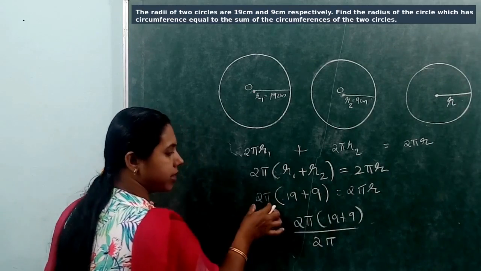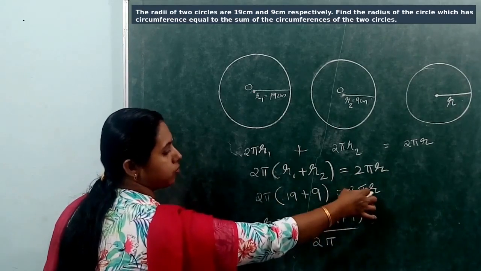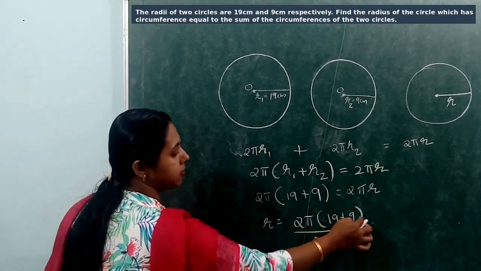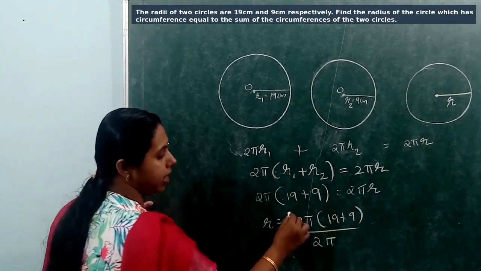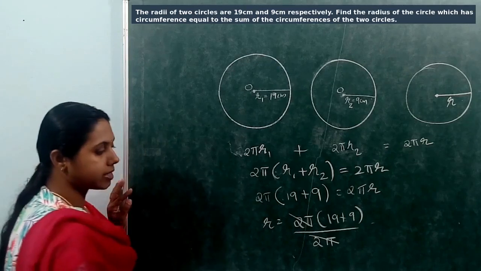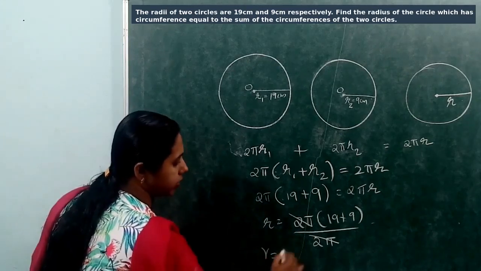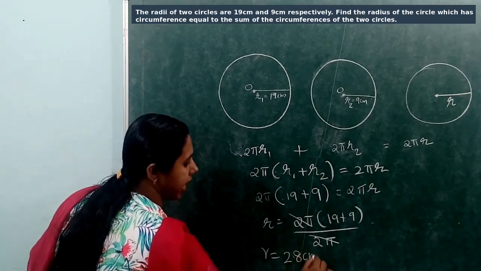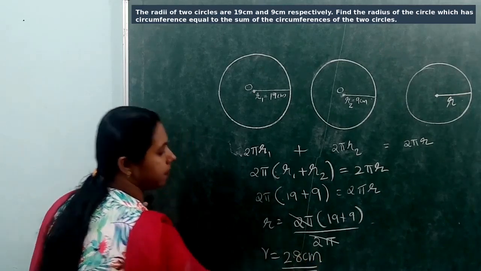Transpose this 2 pi to this side, then 2 pi and 2 pi are cancelled. So radius is equal to 19 plus 9, that is equal to 28 centimeter.